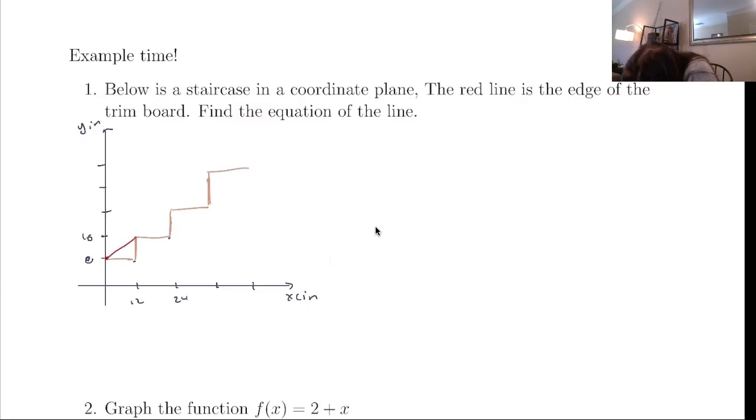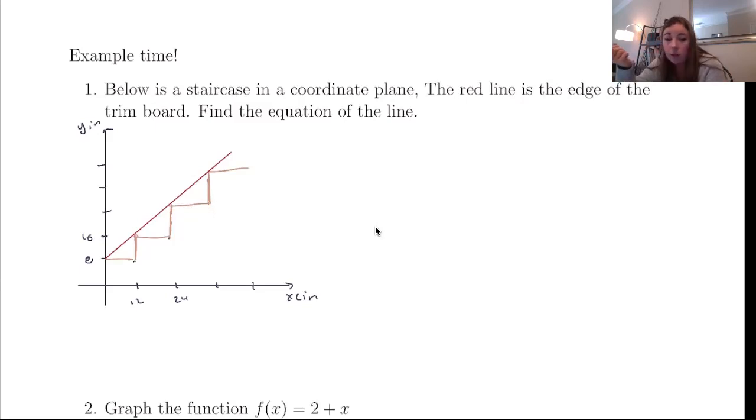The trim is like the edges. And act like those all line up. So something like that. There we go. Okay, cool. So the red line is the edge of the trim board.